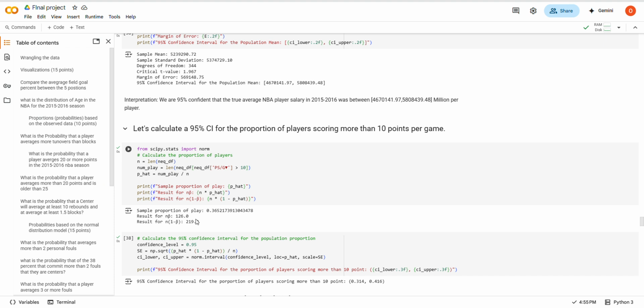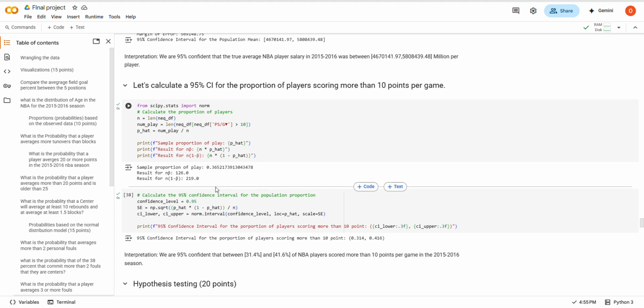Then we did our calculations, and this is the result that we got. We concluded that we are 95% confident that between 31.4% and 41.6% of NBA players scored more than 10 points per game this season.